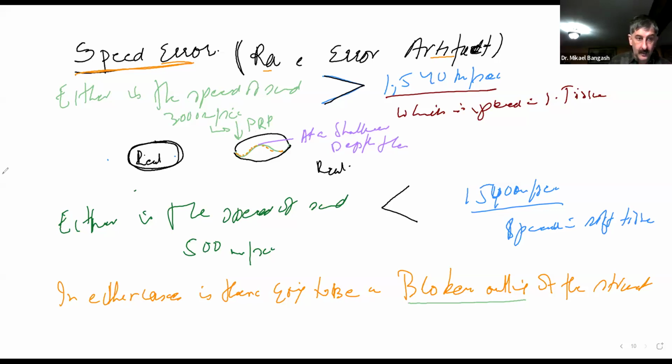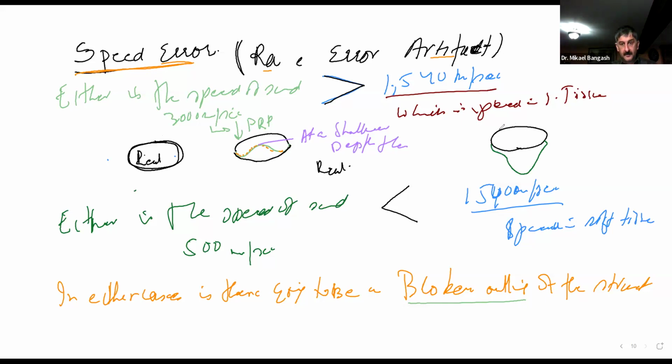Whereas on the other side, same structure, but let's say the speed of sound here was lesser than that of soft tissue. Now this may be the actual shape of the structure. But here we have a lower speed, so that structure, although physically it would be like this, actually may appear something like this. Why?